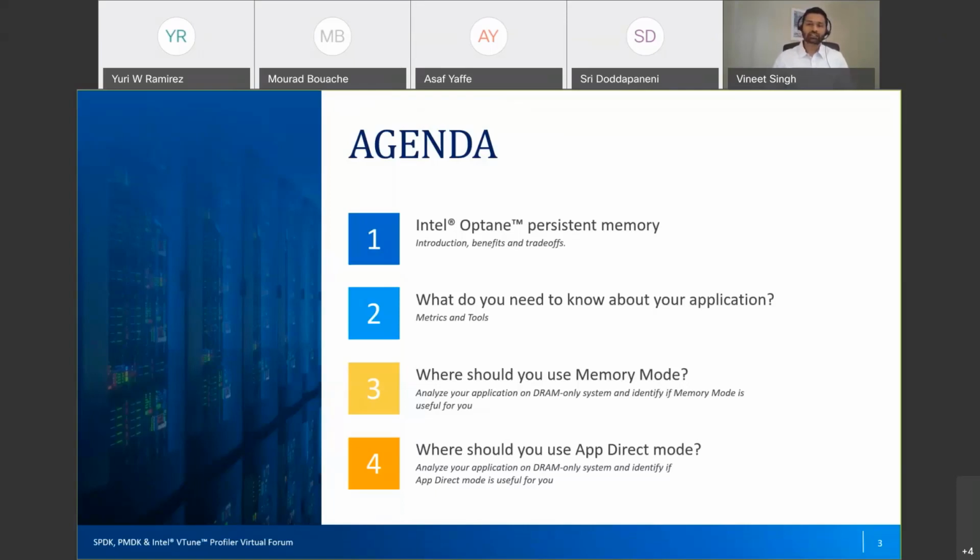So the idea here is that you will collect performance data on your DRAM only system and then try to find out if Optane persistent memory can benefit you in solving your own problem. So we'll go over first some of the use cases for memory mode and then some of the use cases for app direct mode. And just a reminder, keep posting your questions. I'll address the questions at the end of the talk.